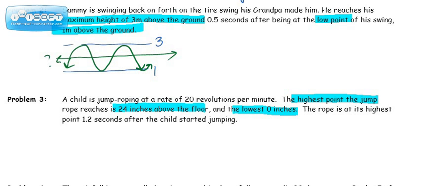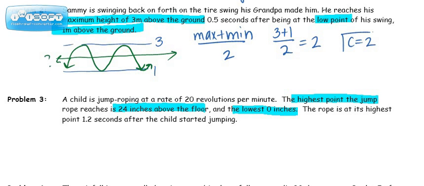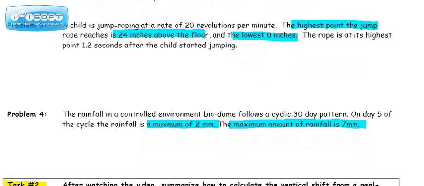Okay, so to find that equation, take the average of the maximum and minimum, divided by 2. So 3 plus 1 over 2 is going to be 2, so my vertical shift is 2. So if I were to write the equation of this line, my midline, I get y equals 2. So pause the video, copy this down, read problem 3, and come back when you're ready.